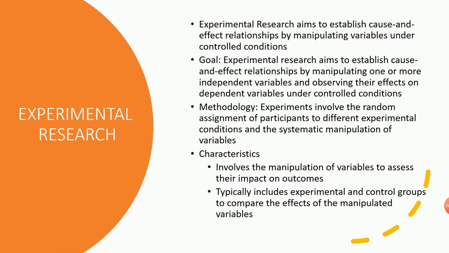Experimental research aims to establish cause and effect relationships by manipulating variables under controlled conditions. All the science lab experiments we can call experimental research. It involves the manipulation of variables to assess their impact on outcomes, typically with experimental and control groups to compare the effects of the manipulated variables.